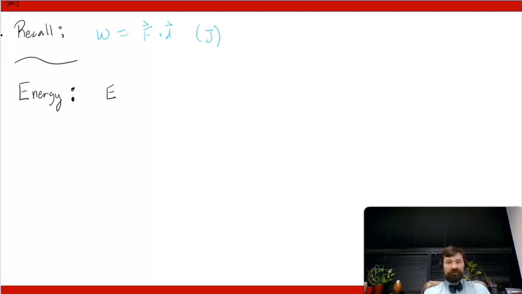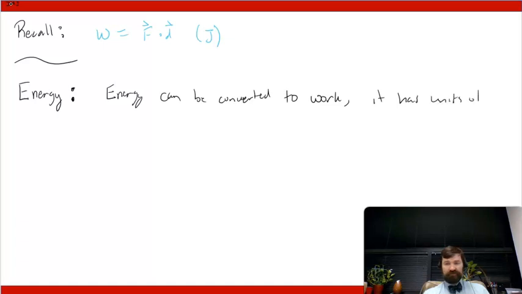So energy can be converted to work, or vice versa. And essentially, that means that energy has the same units as work. And that's true whether we're talking about kinetic energy or some other type of energy. So we could say it also has units of joules.